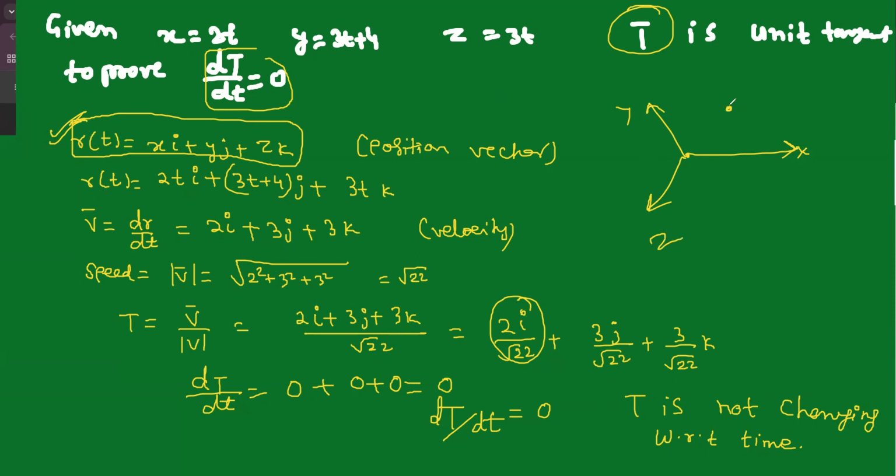Let's suppose a point is there, x, y, z. You don't know the actual position vector. That's why you have to consider it, and it starts from here. Go through this once.